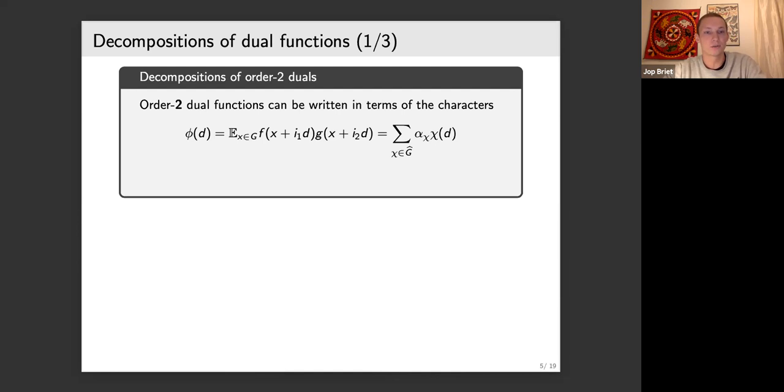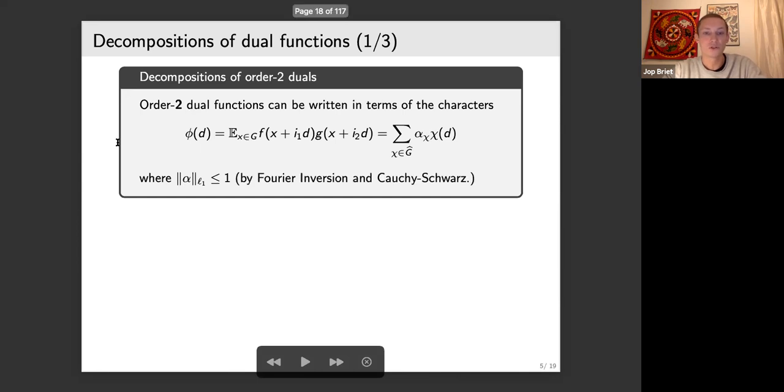But because this is an order 2 dual function, it has a very specific form that implies that the Fourier transform obeys something that's not typical at all for a general function, namely that its lowercase l1 norm is at most 1. So this is just the sum of the absolute values of the coefficients alpha chi here.